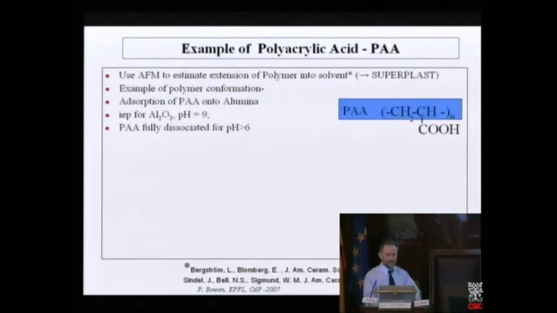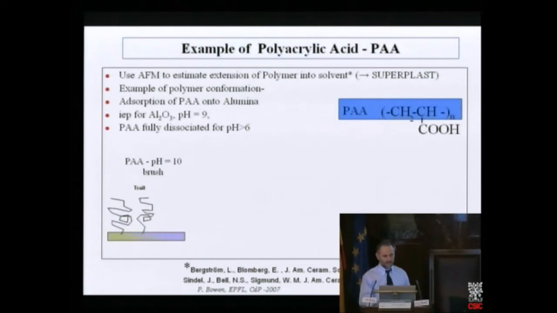So, a little example with polyacrylic acid. We've used AFM in another European project called Superplast to estimate the extension. This is an example of polyacrylic acid. We see here it has this carboxylate group, which is dissociated at pHs greater than 6. Then there's the isoelectric point for alumina, where the zeta potential is 0. At pHs below the isoelectric point, we have a positive surface. For pHs above the isoelectric point, we have negative surfaces.